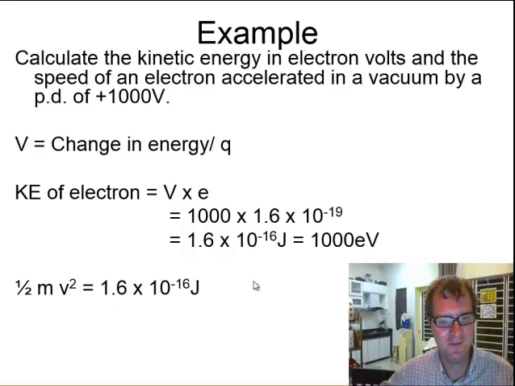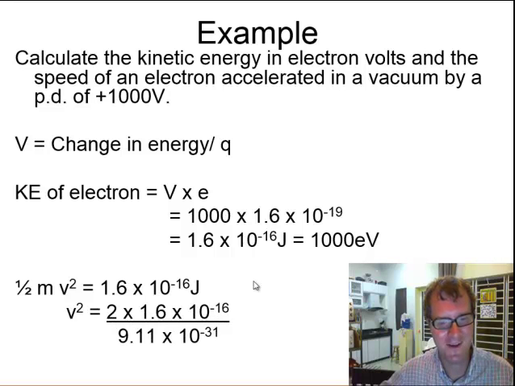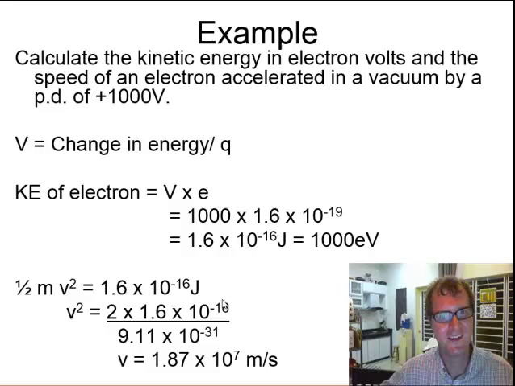So we can rearrange for v squared and then find the square root of that. It's going to give me an answer of 1.87 times 10 to the 7 meters per second. So that's electric potential difference and also the electron volt, which should now really wrap up your understanding of topic 5.